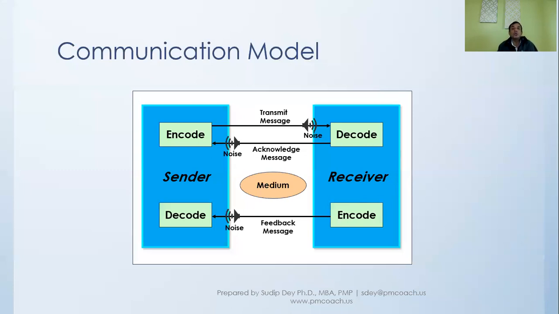You want to check with your user, let's say, end user. So what you do is, your understanding, you will encode it into an email. You will send it by email, and there might be some noise. For example, the way you worded it might create some noise.